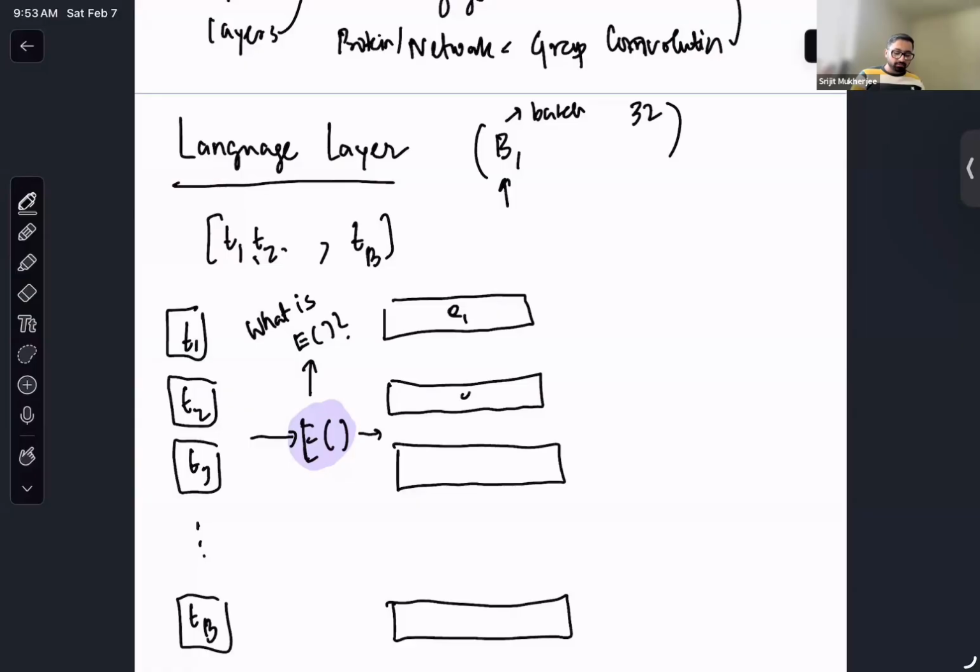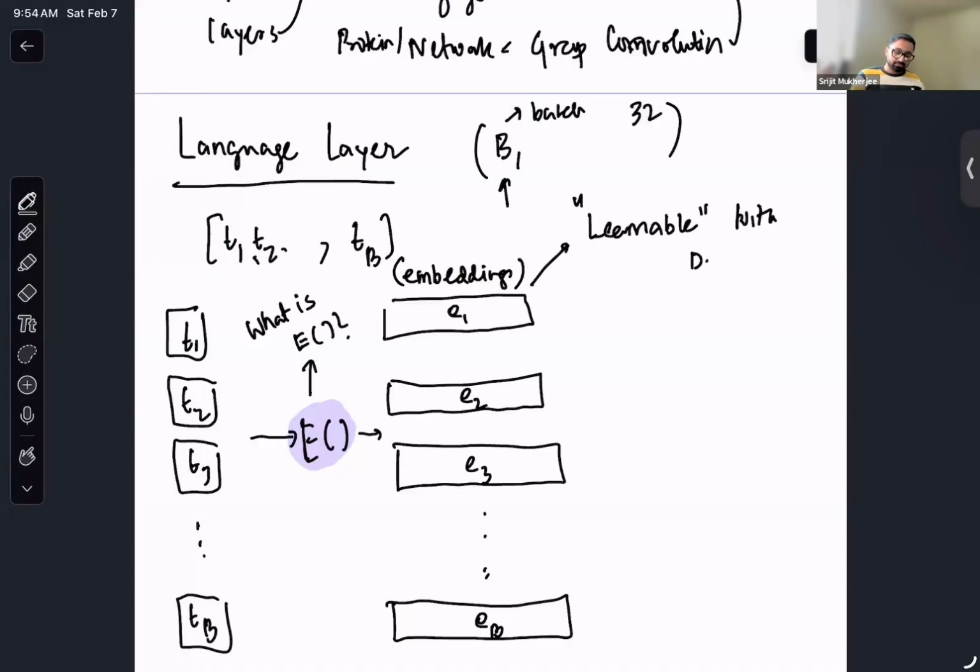Let's name them E1, E2, E3 dot EB. What are these vectors? Again, these are learnable. Understand, these are learnable with data. But the representation should be proper, right? These are embeddings. Yes, you are right. These are embeddings. Thank you, Reddy. Dhiraj, these are called embeddings.